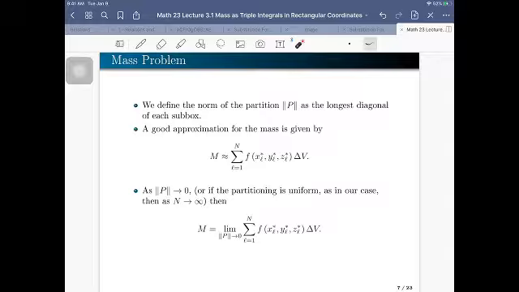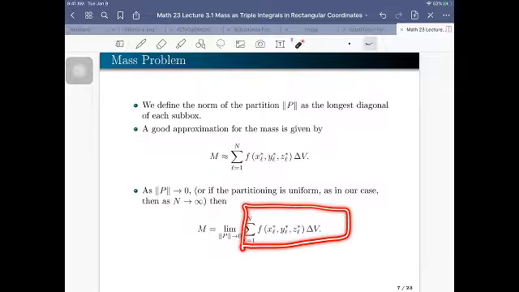So when you say that the norm of the partition goes to 0, you're not only making one dimension go to 0, but in fact you're making the three dimensions, the length, the width, and the height, go to 0 as well. Okay, so this is now the final form of the mass. Again, this is just the coarse approximation of the mass, given that you have partitioned the solid into small subboxes.